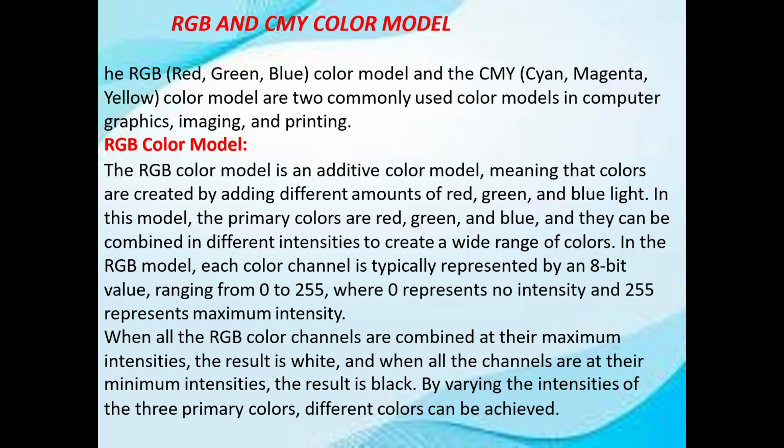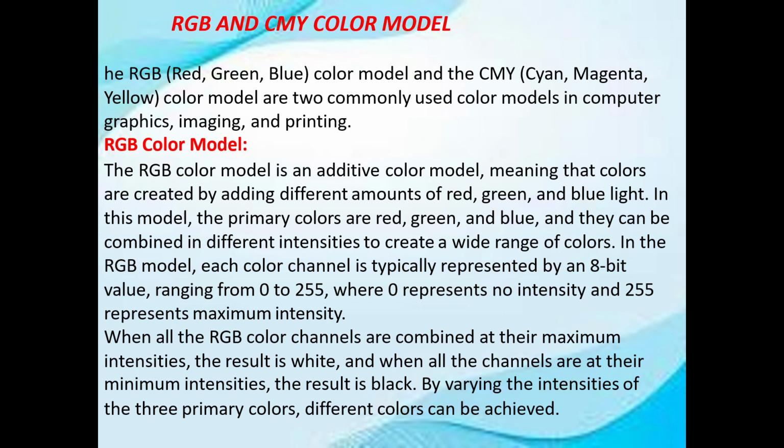In the RGB color model, each color channel is typically represented by an 8-bit value ranging from 0 to 255, where 0 represents no intensity and 255 represents maximum intensity. When all the RGB color channels are combined at their maximum intensity, the result is white, and when all the channels are at their minimum intensity, the result is black.